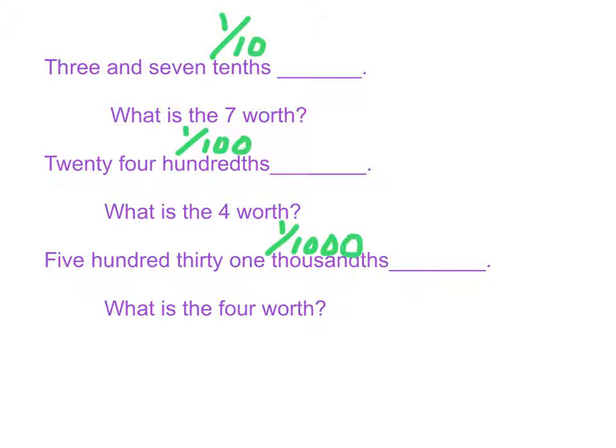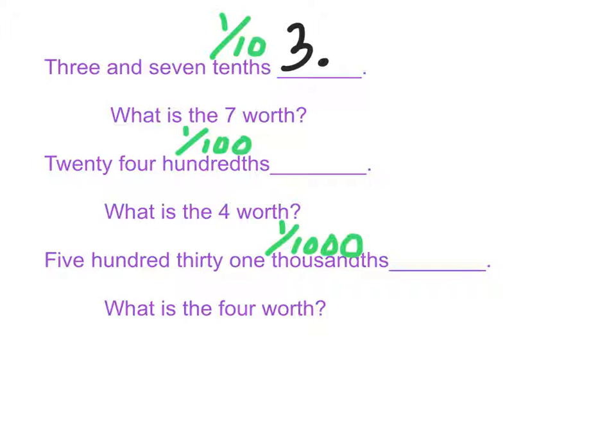Now let's take a look at this next set of questions. Now we're doing the opposite. Now I'm giving you the words, and we need to write our decimals. So we have 3 and 7/10. It starts with a 3. Whenever you have the word "and," that is the word that represents our decimal point, then we have 7/10. If you notice, I wrote the fraction value of what tenth means too.